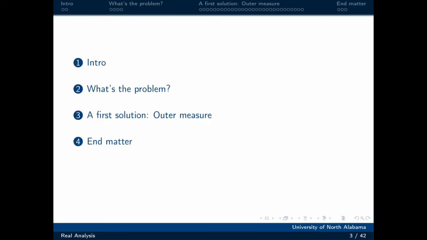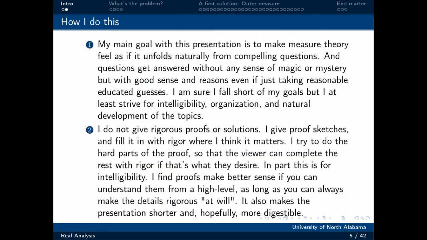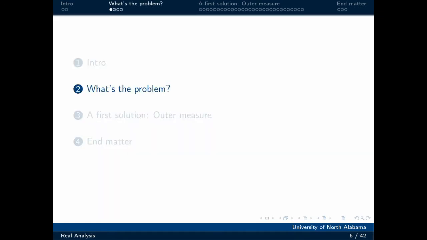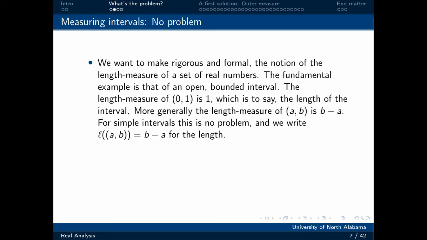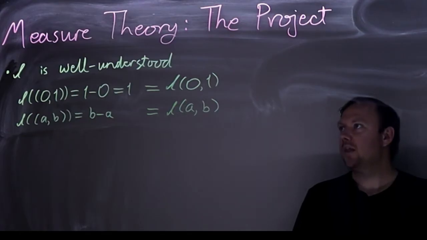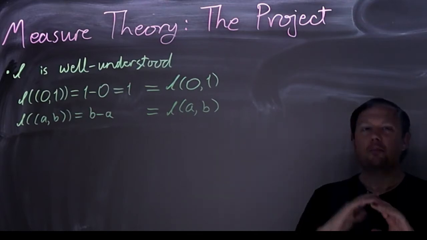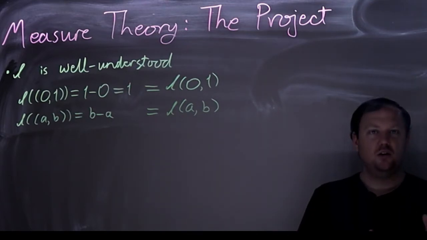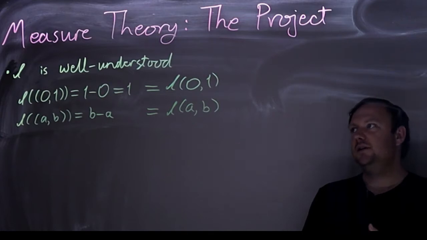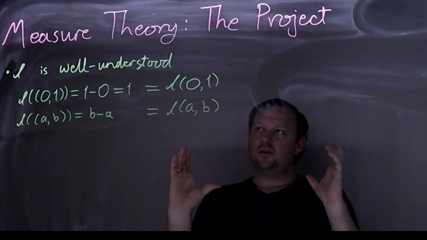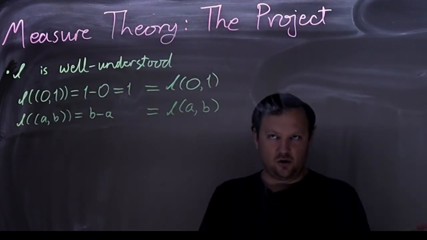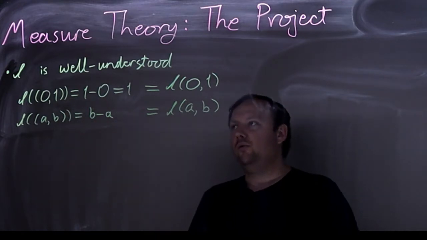So let's start getting into measure theory by having a fairly well-defined project, the thing that we're trying to understand. We would like to be able to talk about measuring sets of real numbers in a way that is consistent with the notion of the length of, let's just pick arbitrarily, an open bounded interval.